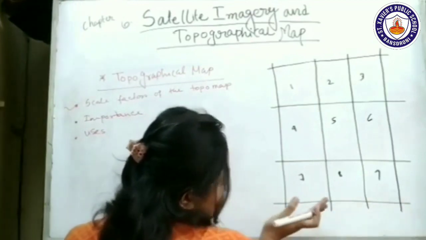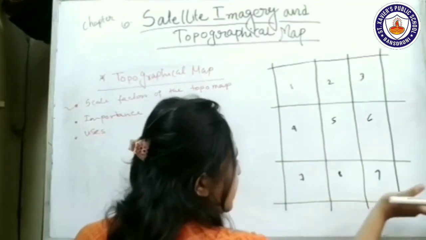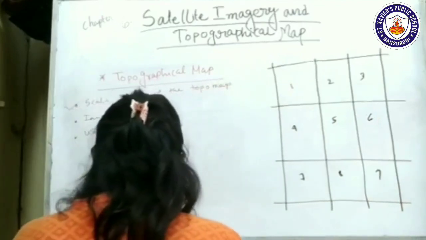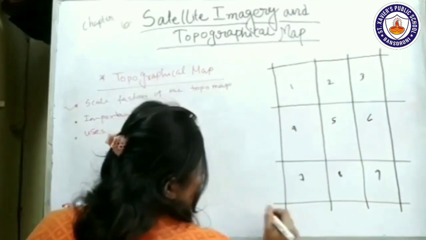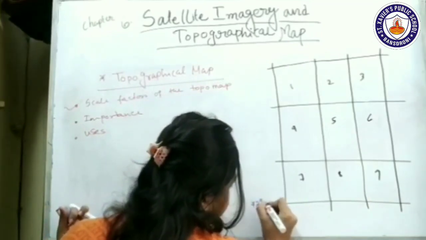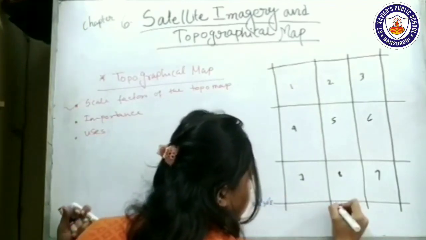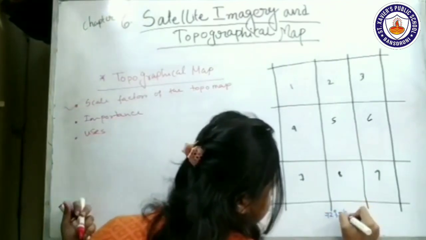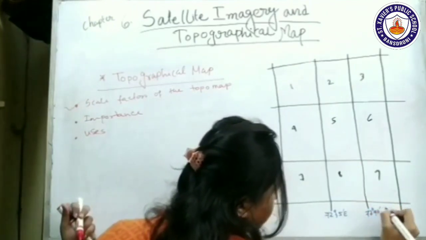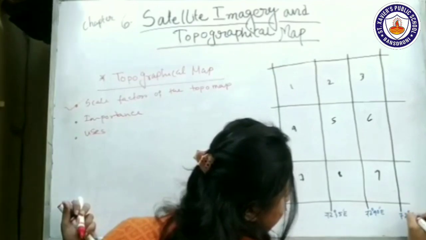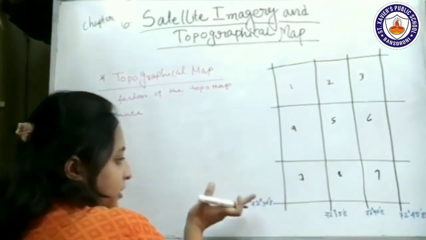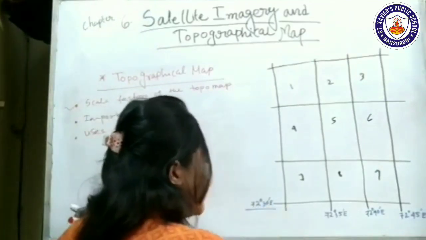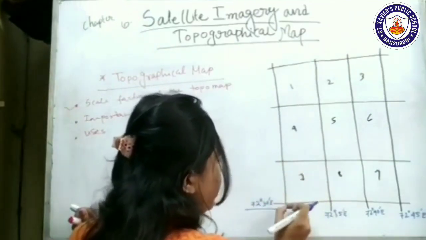Okay, so the horizontal line of the topographical map shows one extent, and the vertical line shows the other extent. The first value along the horizontal line is 72 degrees 30 minutes, and there is a 5-minute gap between one node and another.